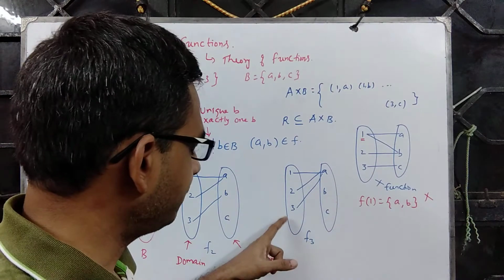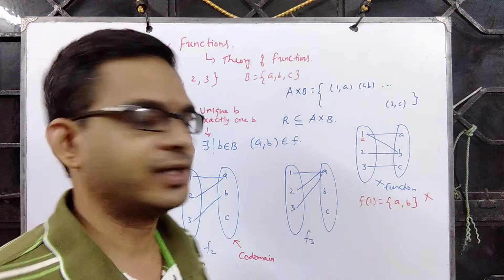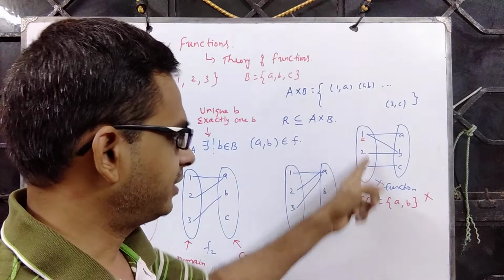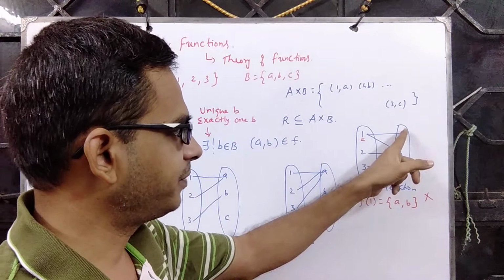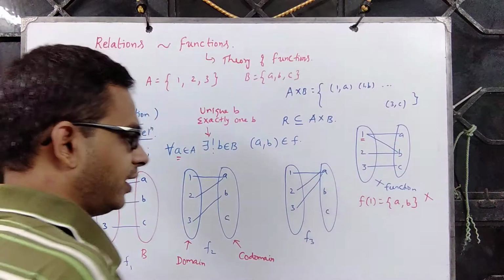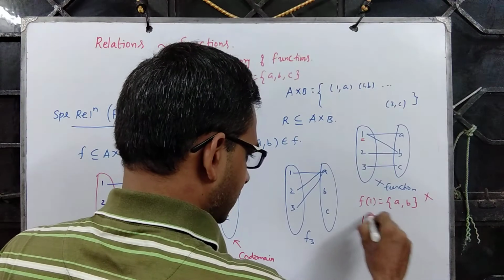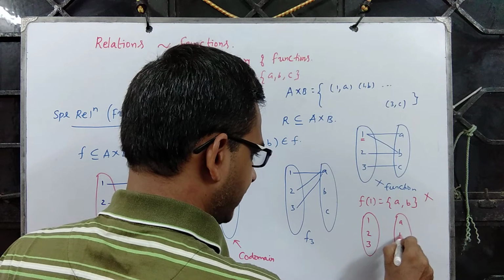For each of them there should be an image, and that image should be unique. Here each of them has an image, but 1 is mapped to two elements, a and b, which is not allowed. And look at this, say 1, 2, 3 and a, b, c.